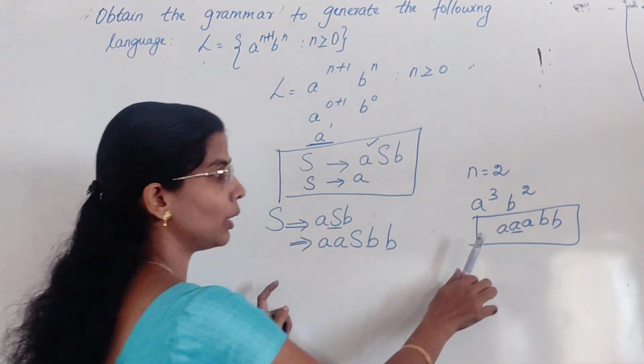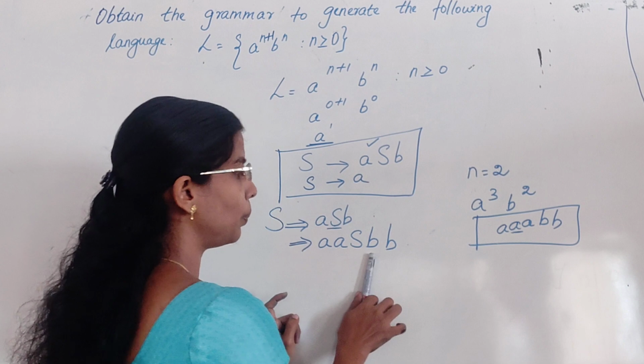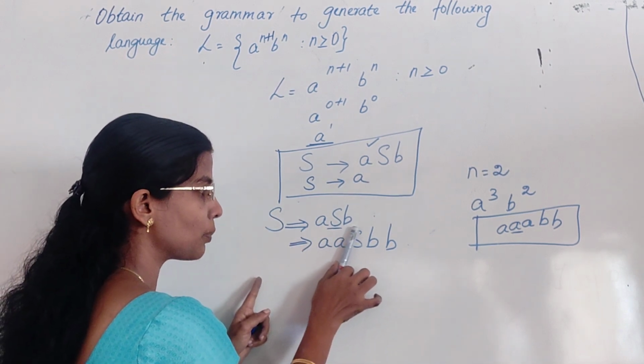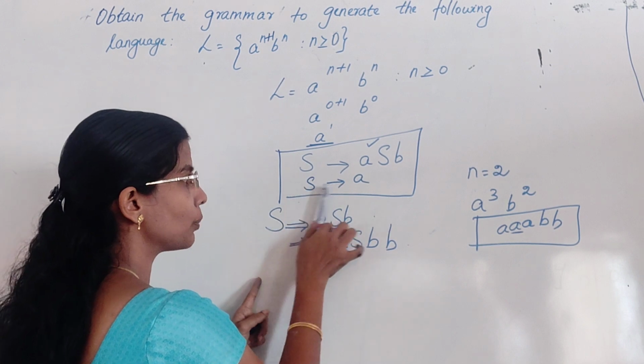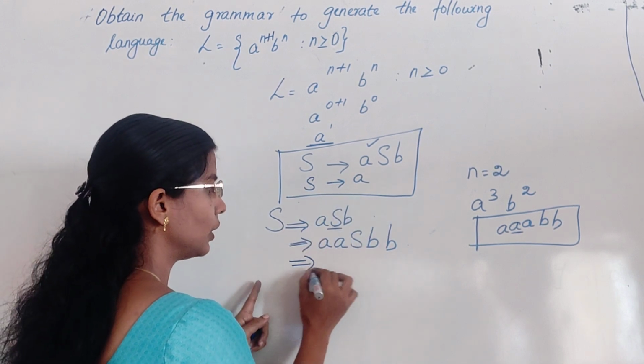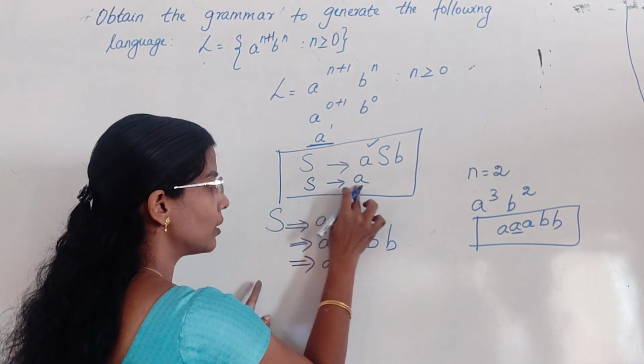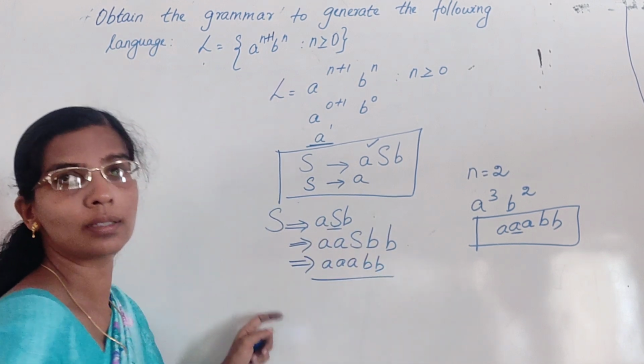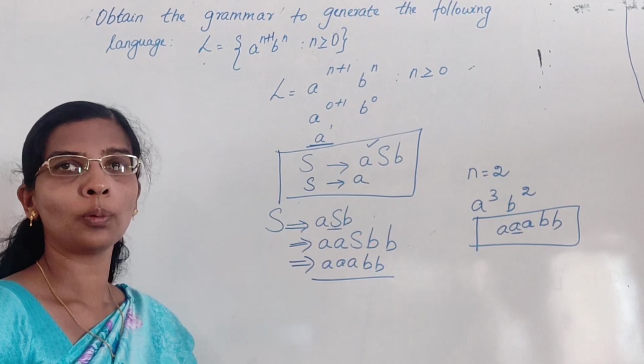Right? I need only 2 B's. 2 B's I got. Right? Now, what should I substitute for this S? I substitute this A. A S tends to A B B. I got my string. Hope it is clear.